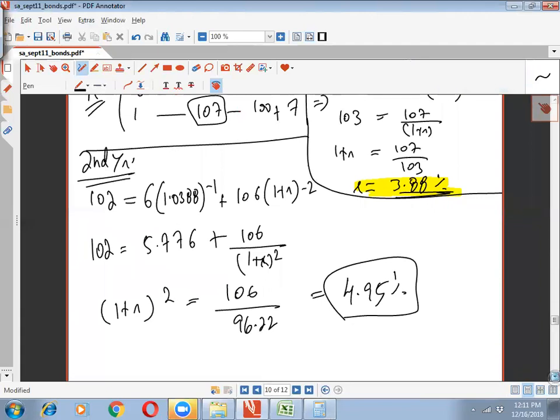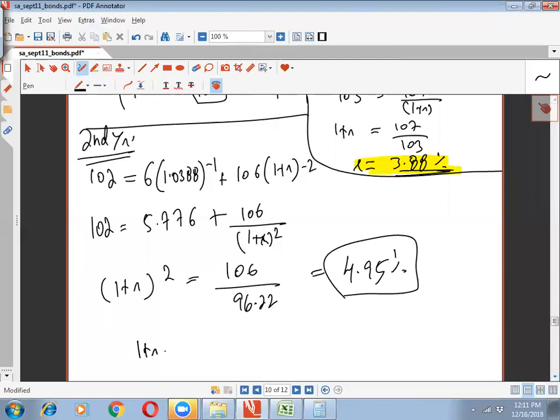Because the next step is 1 plus R is equivalent to the root of 106 divided by 96.22, and then you'll end up getting that.